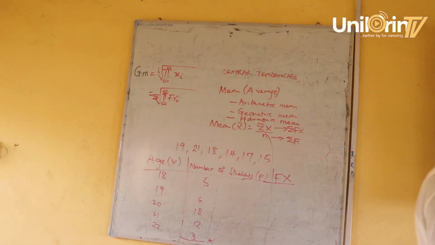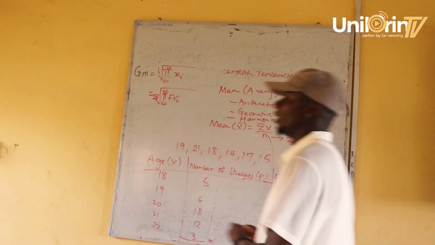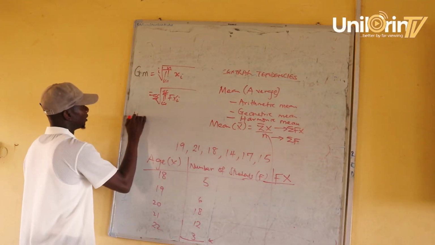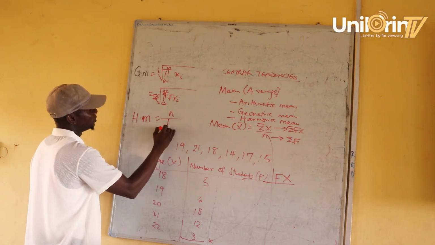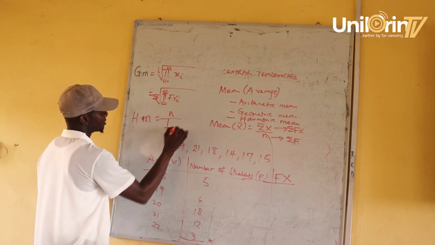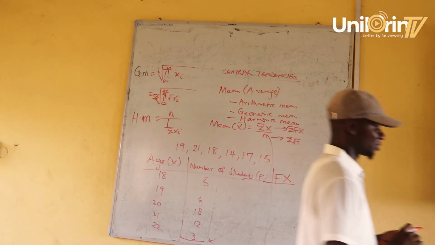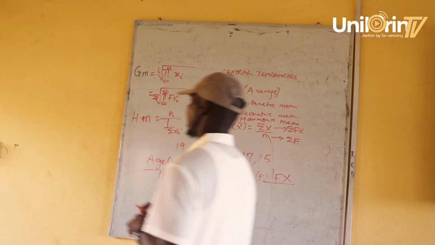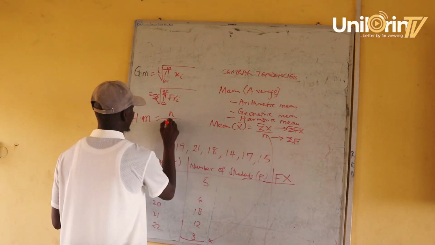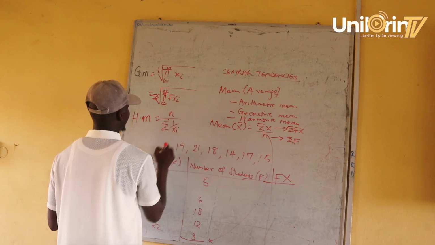What about the harmonic mean? It is used when you are dealing with rates. The harmonic mean measures rate. So the harmonic mean is n over the summation of 1 over xi.